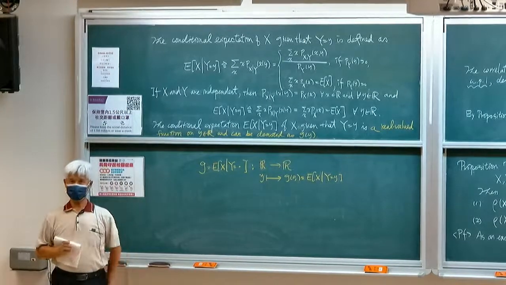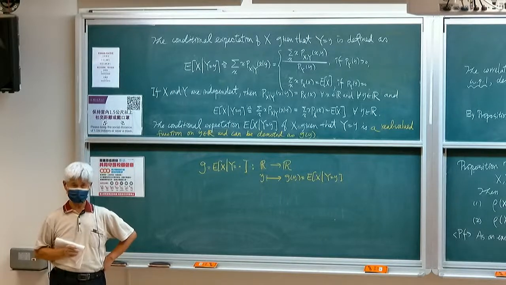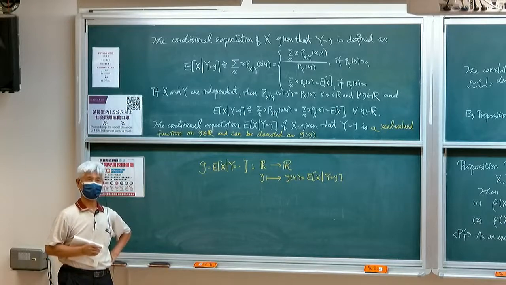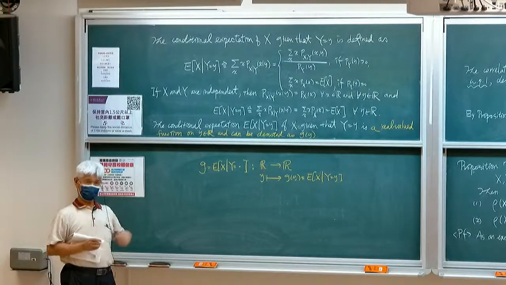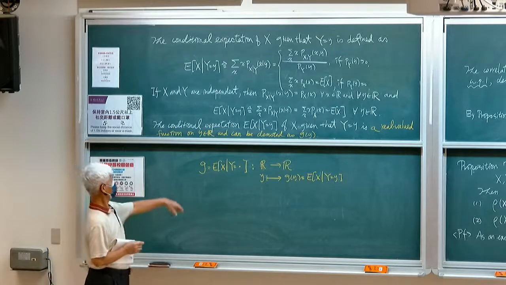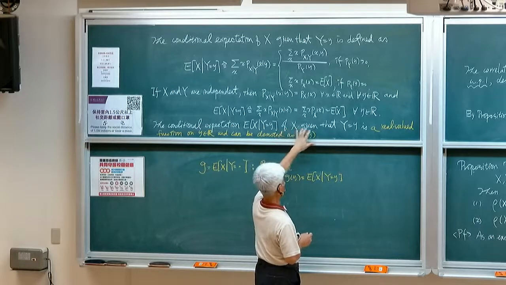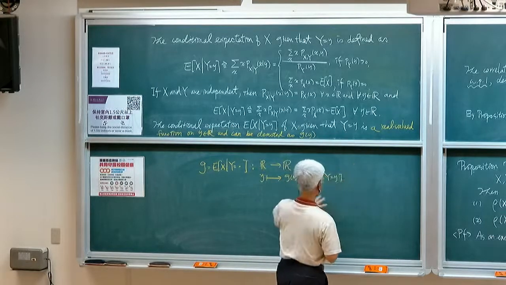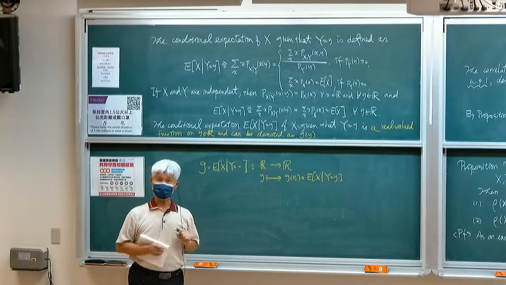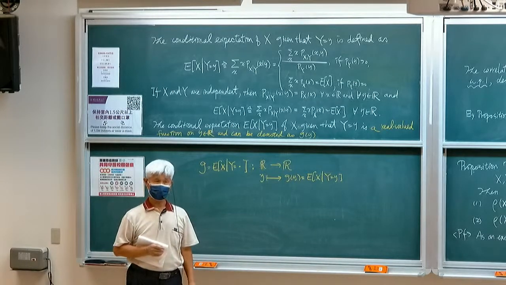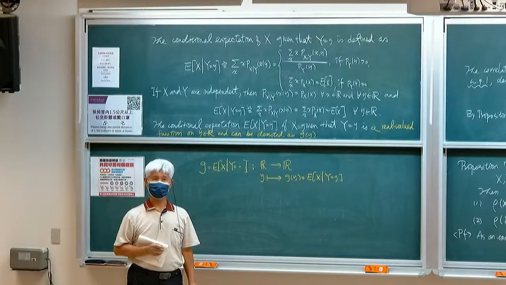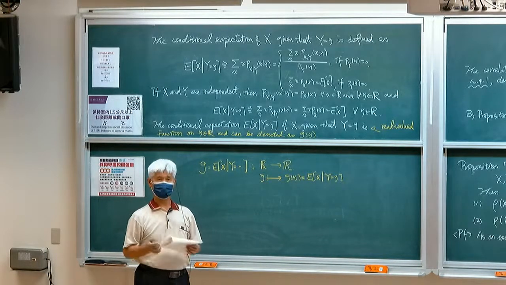Let me know if you have any questions up to now, because we are now at a crucial step here. You have to realize that the conditional expectation of random variable X given that random variable Y equal to little y is a real valued function defined on the set of all real numbers. Is that okay?